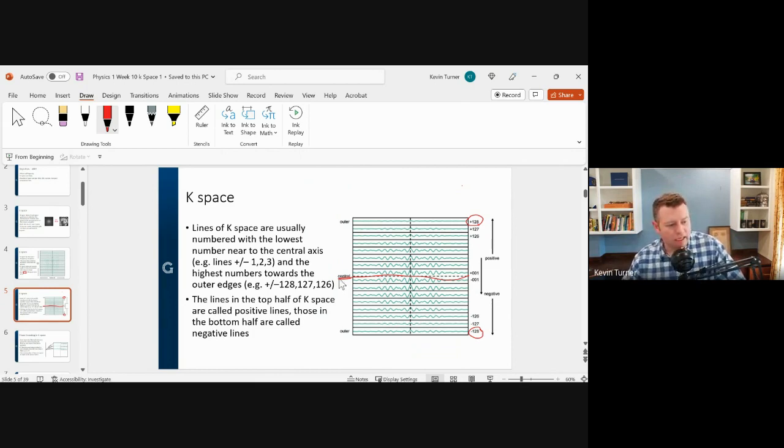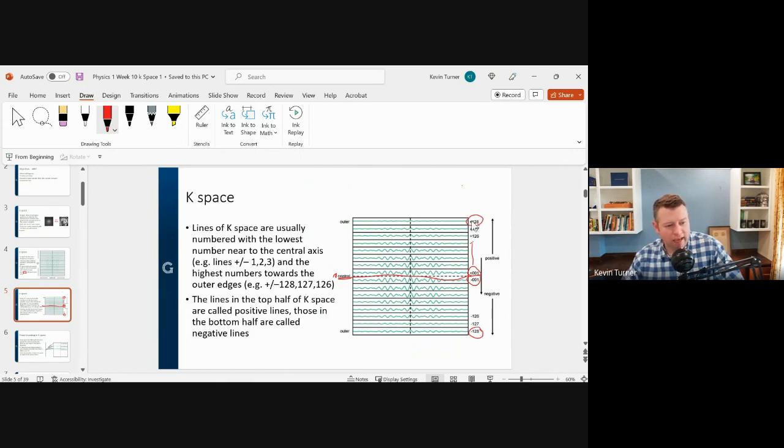But when we look at the gradient being right at isocenter, best as I can draw it, that means this gradient had just as much power in the positive direction as this gradient had in the negative. So when we label K-space, we label the echoes in the center closest to isocenter as +1 and -1. Then we go this way in the positive direction, so we have echo 1, 2, 3, 4, and so on and so forth.